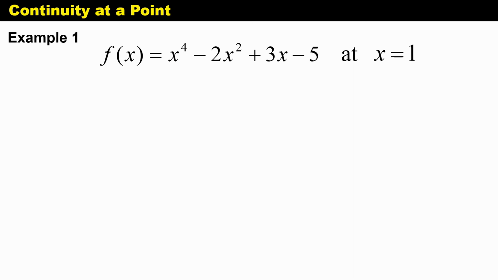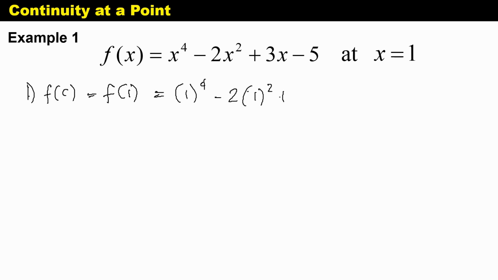So the first condition is if f of c exists. Now, our value of c here is 1. So let's evaluate f of 1. This becomes 1 to the fourth minus 2 times 1 squared plus 3 times 1 minus 5.